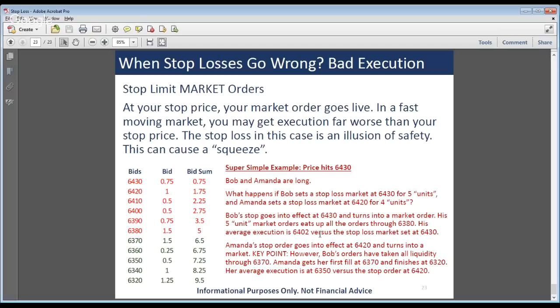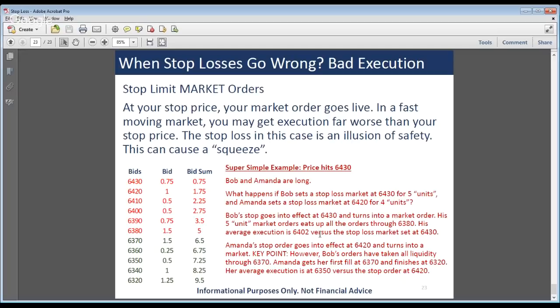But remember, Bob already ate all the liquidity down to 63.80, so she's going to get the next execution at 63.70. She gets filled at 63.70 and finishes all the way down to 63.20. So her average execution here is 63.50 versus a stop order at 64.20. A huge amount of slippage.